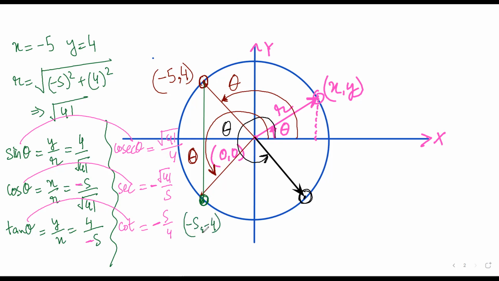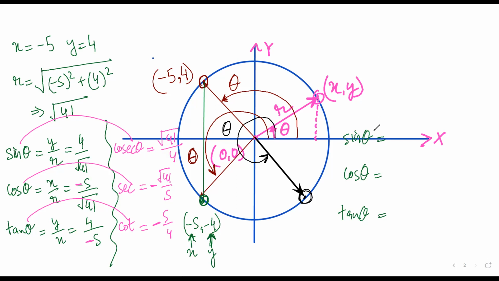No. So again, if I do sine theta, cos theta, tan theta for this, the only change that has happened is that now my x is minus 5 and my y is minus 4. Do you see that? See, the only thing that has happened is that the signs have changed. But how do the trigonometric ratios get affected? That you'll see in just a minute.